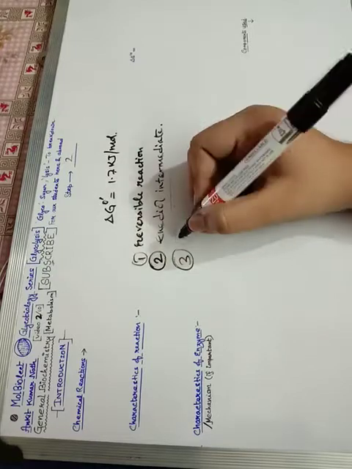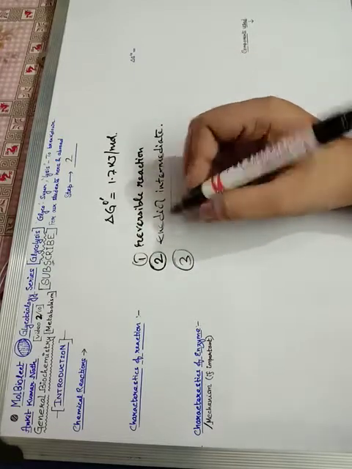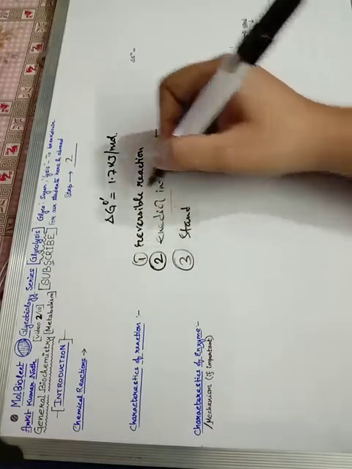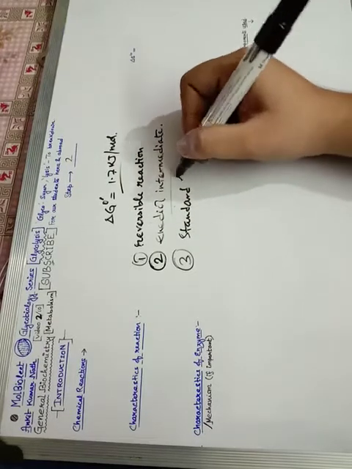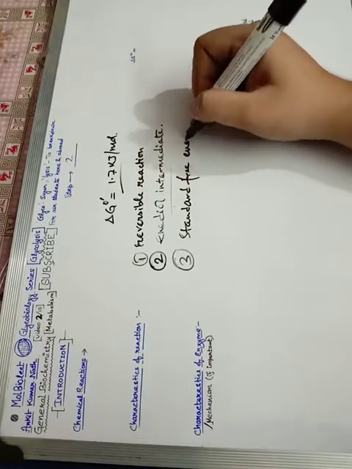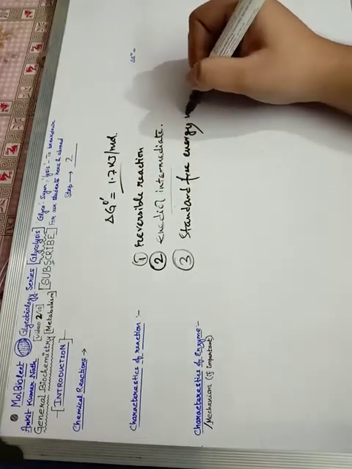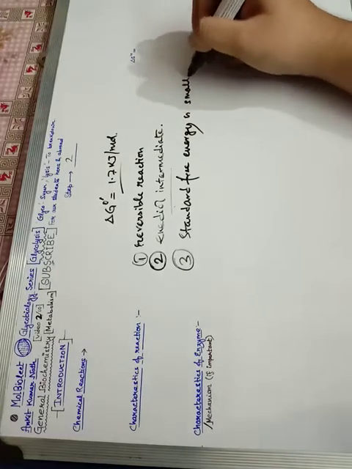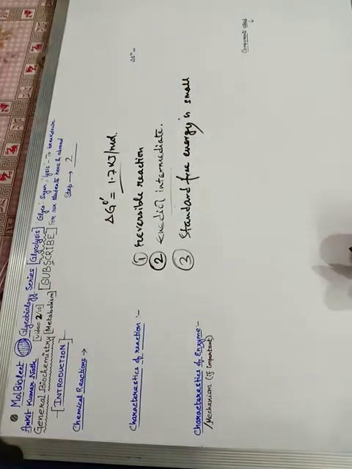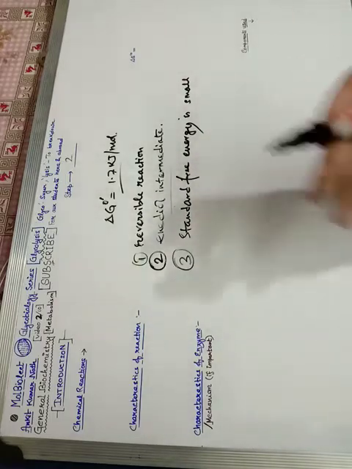The third characteristic of the reaction is the standard free energy, which is very small. But because it is a series of reactions, when one product is formed it is taken away for the next reaction, which has very high thermodynamic stability.